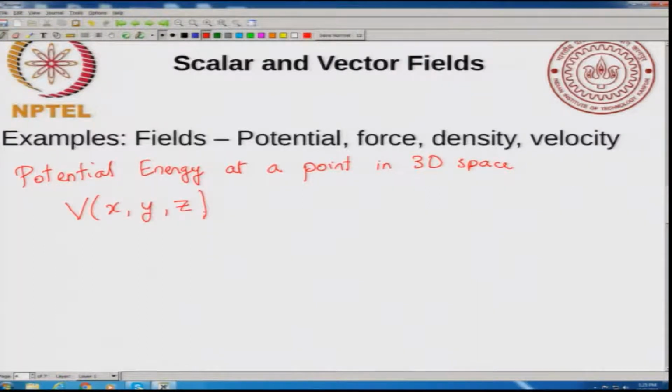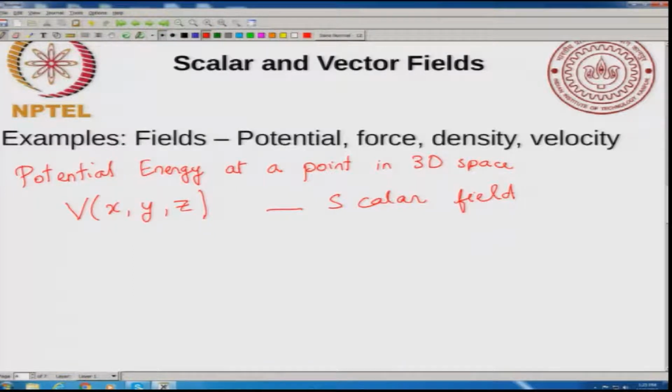So, it is a function of x, y, z. Suppose you take any point in space, you ask what is the potential energy, that is written as V of x, y, z. So, this is an example of a scalar field, because the potential energy is a scalar.